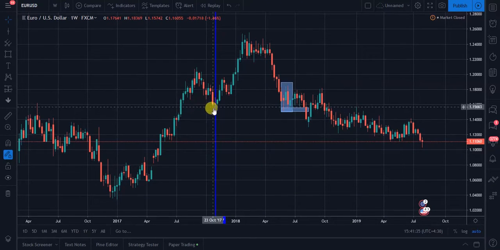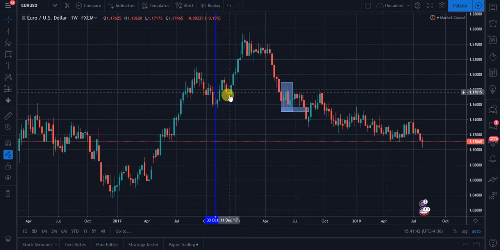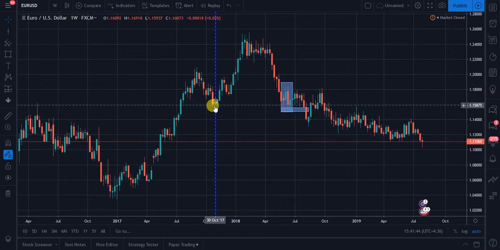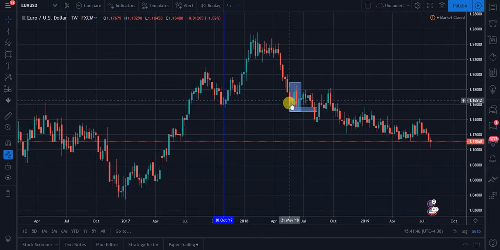As you can see, here is a good and great support, with a rejection to the upside, and buyers are here, and this level also has some buyer action.